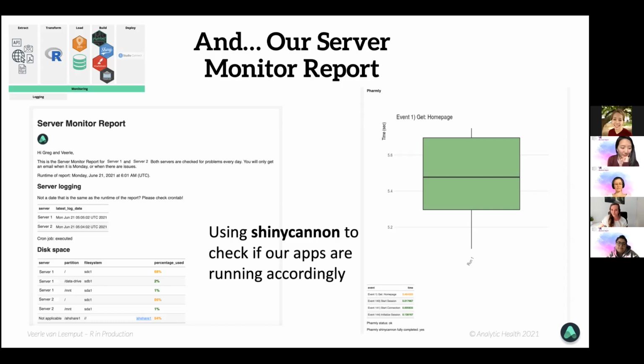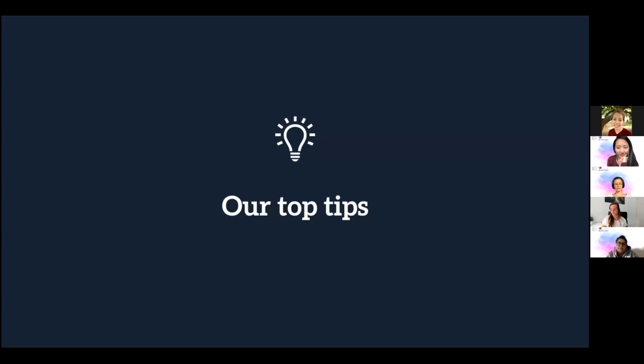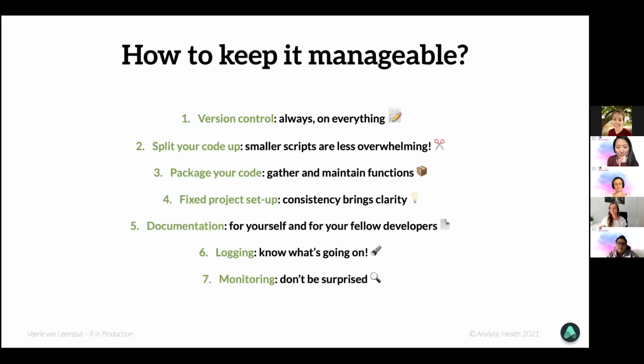So here are some tips if you are trying to productionize your R code. One thing is version control. That's super important. It's maybe not the first thing you think about when writing code because you just want to write code, but just do it because it's going to save you so much trouble.